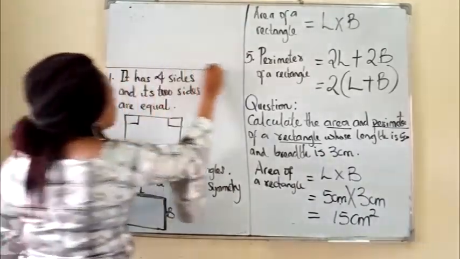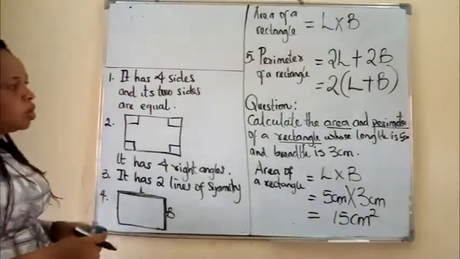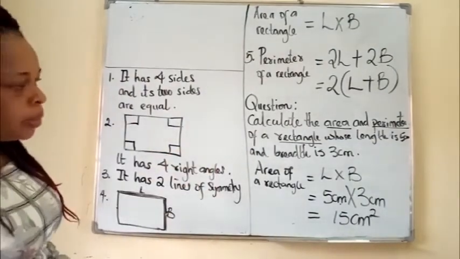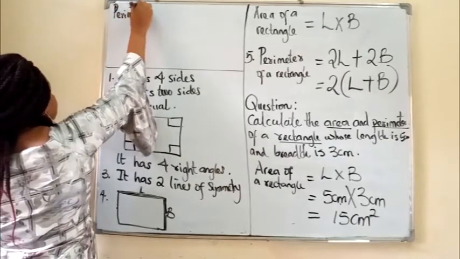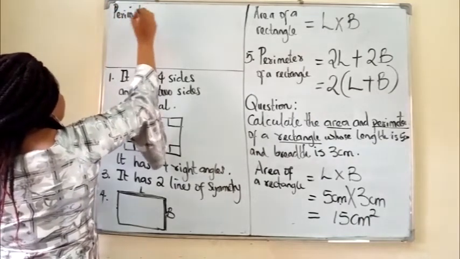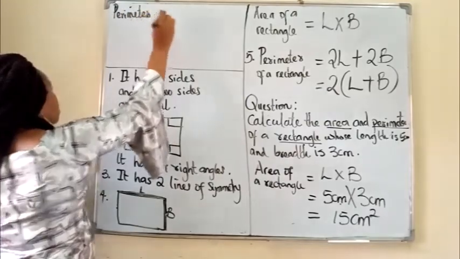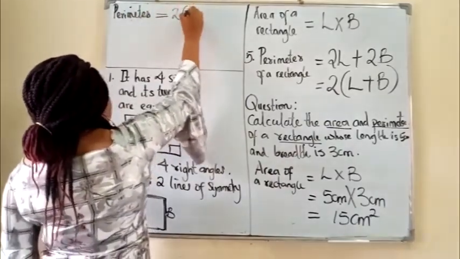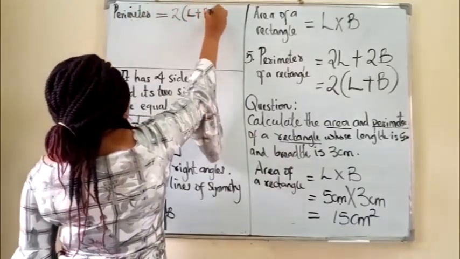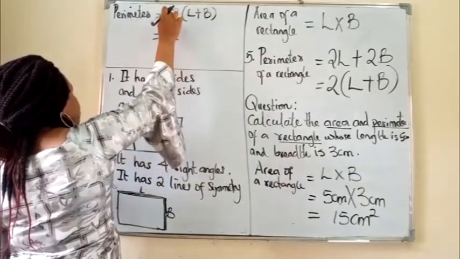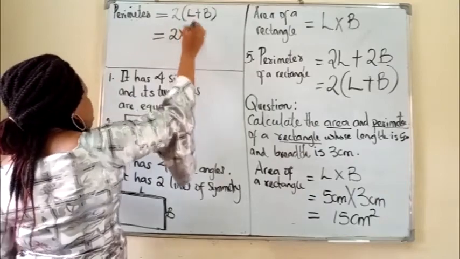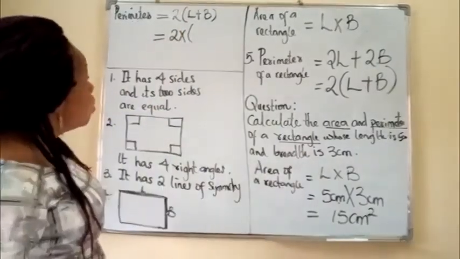Alright, to calculate the perimeter of this same rectangle, perimeter is 2 times (L plus B). And the relationship between this 2 and the bracket is multiplication. You open the bracket. What is the length?